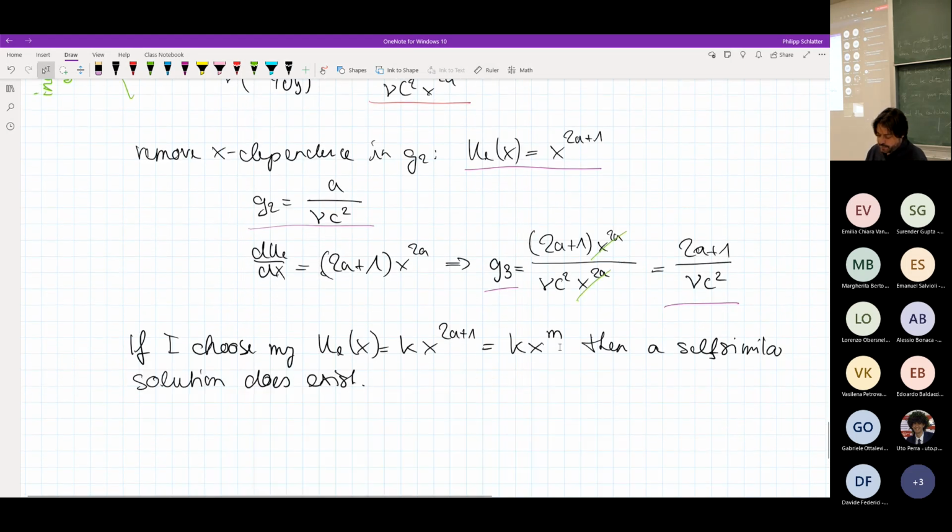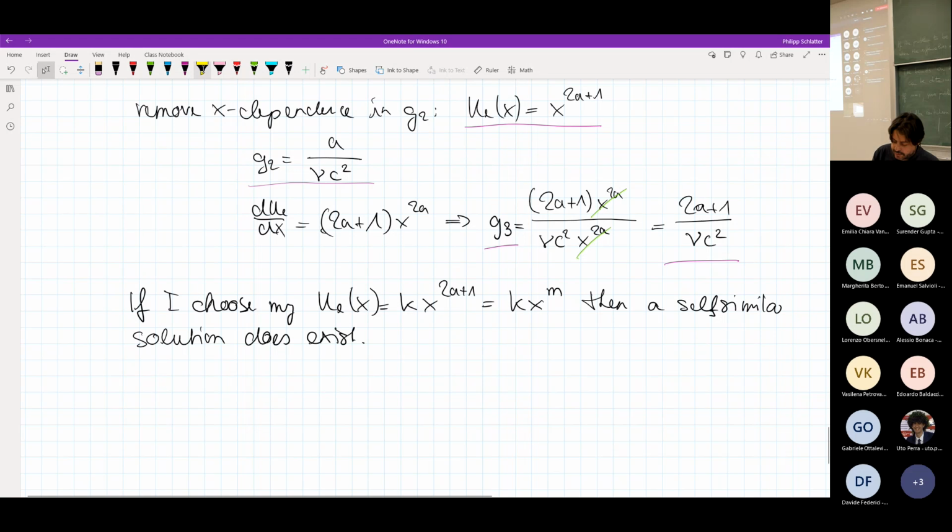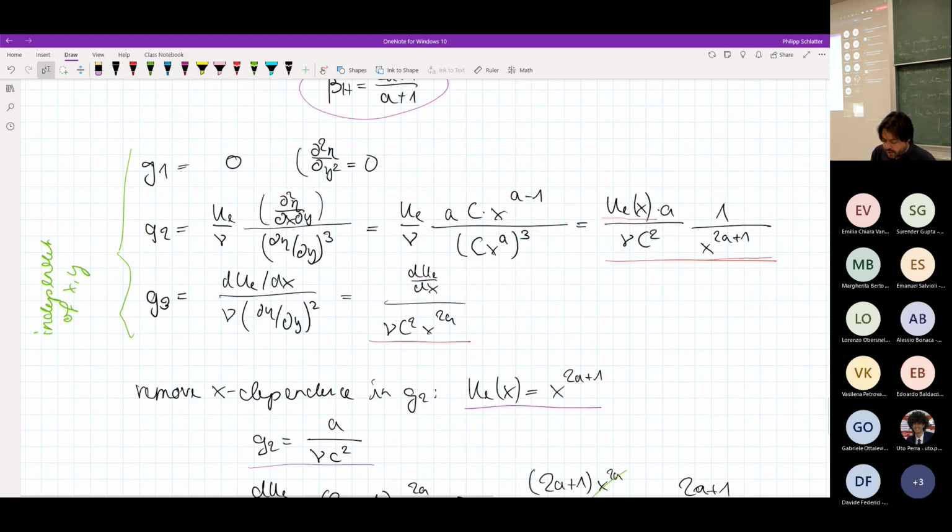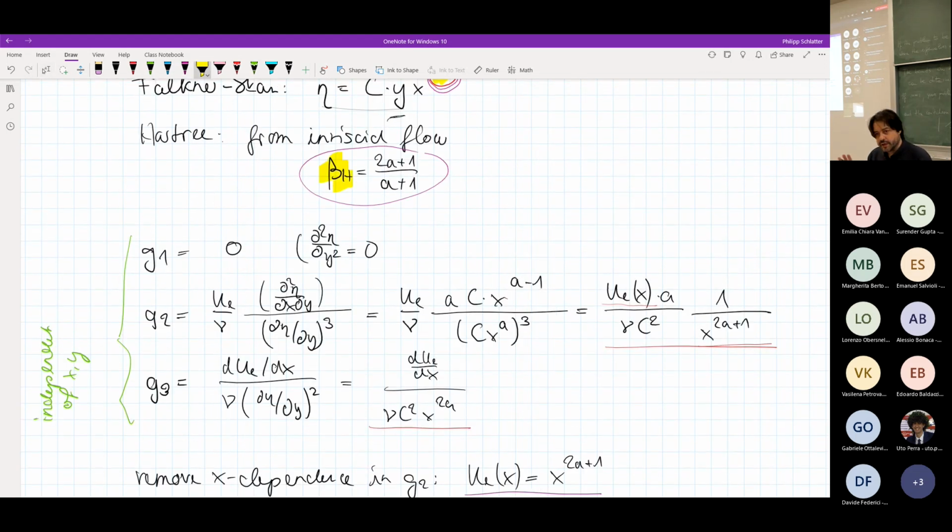Now, guys, we have to wrap up a little bit the mess that we made with this exponent m, 2a plus 1, so the a, and then we also had the beta somewhere here. So we need to fix that a little bit, because in the end they all mean the same thing. It's just in slightly different ways.